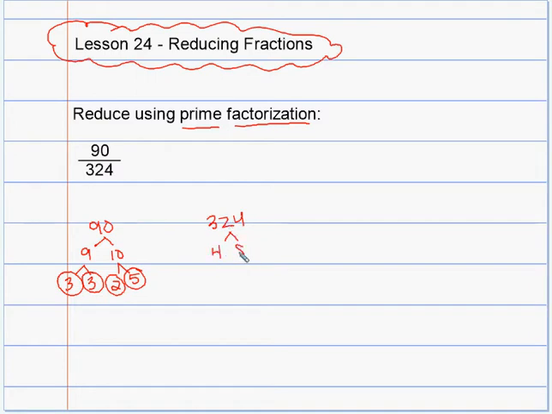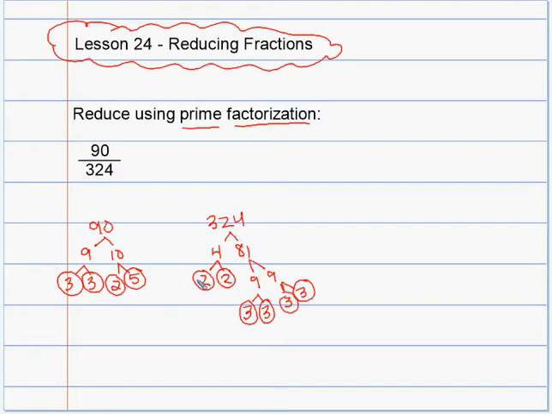And let's see, 4 goes into 32 8 times, and then I would bring down the 4 and it'd be a 1. So now let's see, 4 breaks down into 2 times 2, and again we know that those are prime. 81 is 9 times 9, and we know that those become 3 times 3 and 3 times 3.